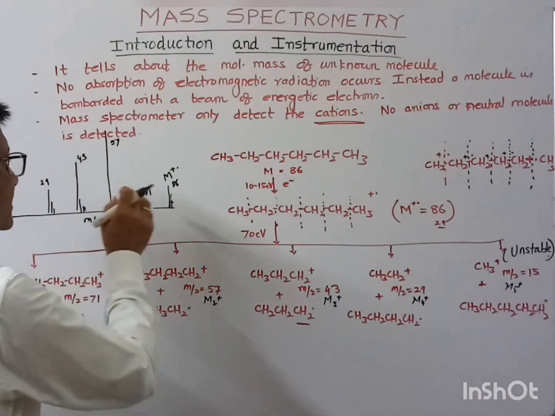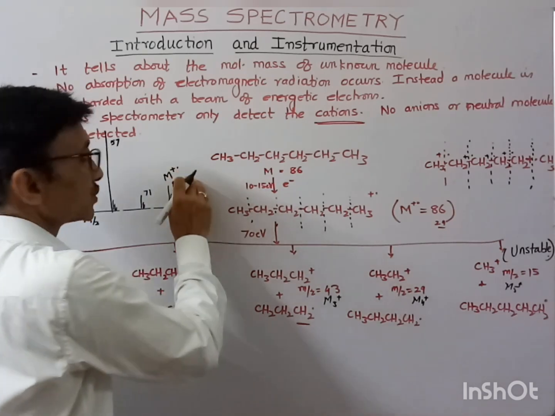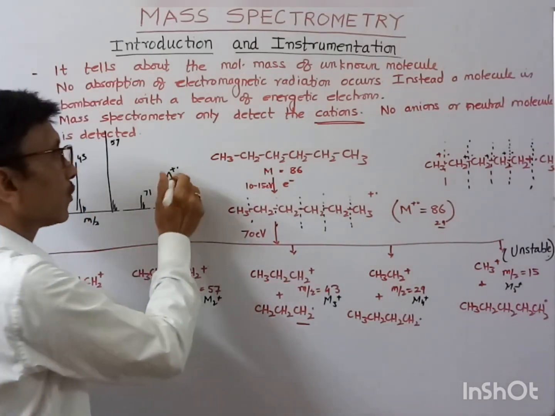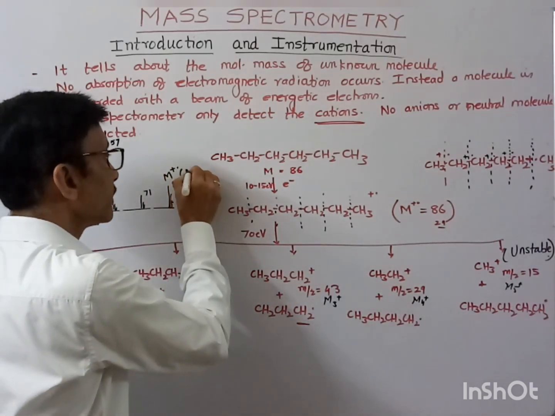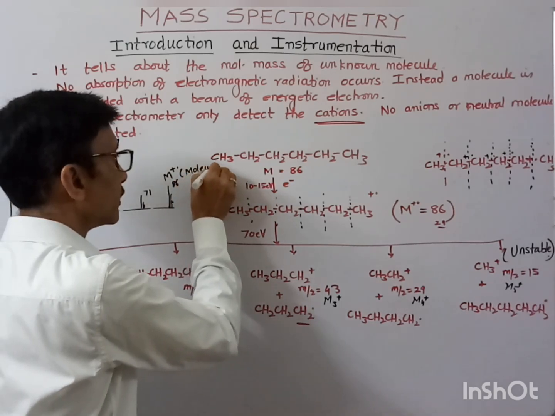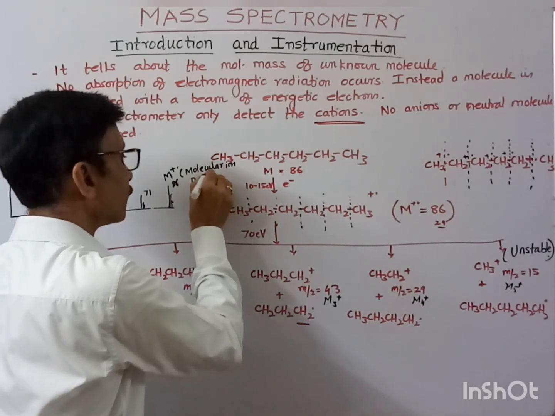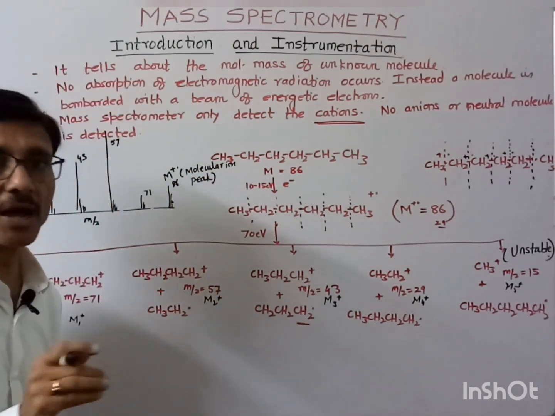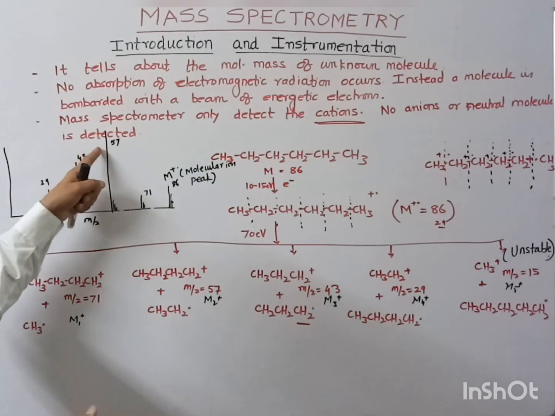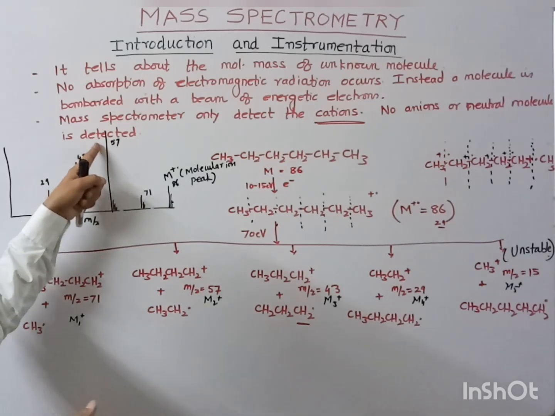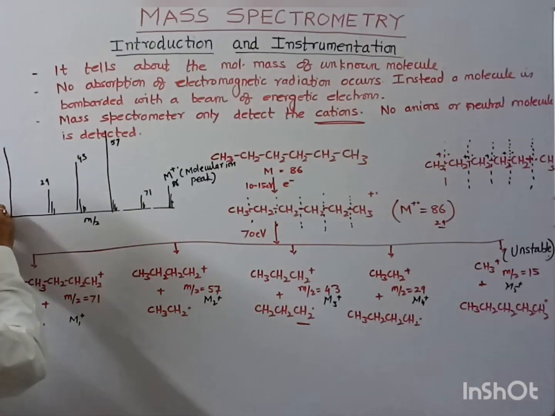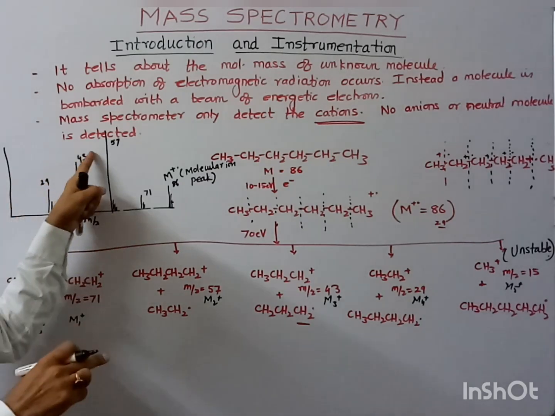Now, this is called the molecular ion peak, which tells about the molecular mass of the compound. So this peak is a parent ion peak or molecular ion peak. Whereas one of the peaks has the highest height. If you see, this peak has the highest percentage relative abundance.